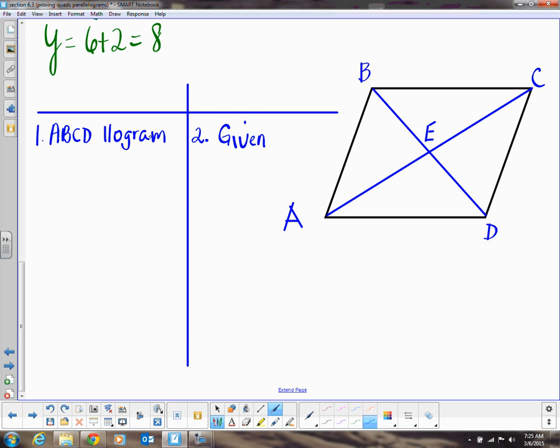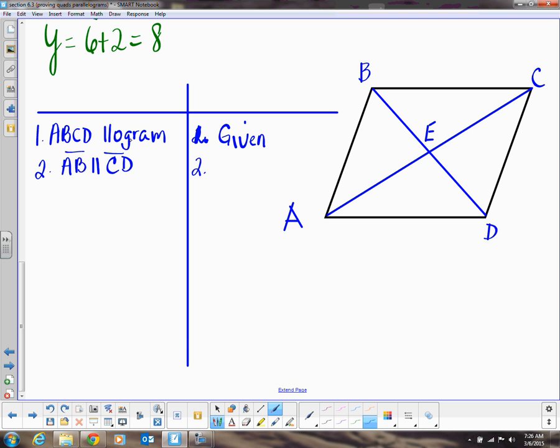If it's a parallelogram, why is AB parallel to CD? What told us that? Alternate interior angles tell me that certain angles are equal. I need parallel. And the only thing we've been given is a what? Parallelogram. What was the definition of a parallelogram?